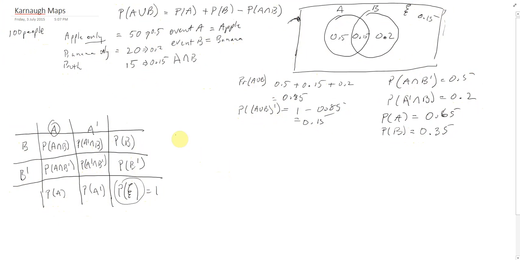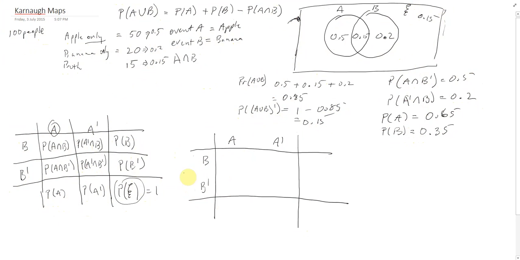So let's draw the table again, but with actual values this time. Okay, so the first thing we do, we put a 1 there, because we know that everything together has a probability of 1.